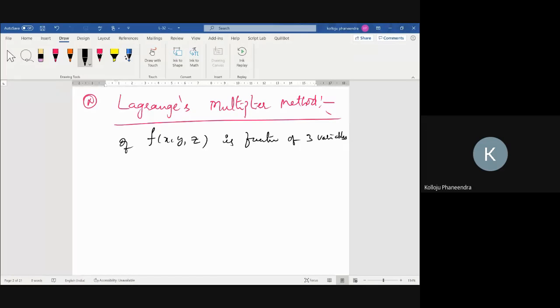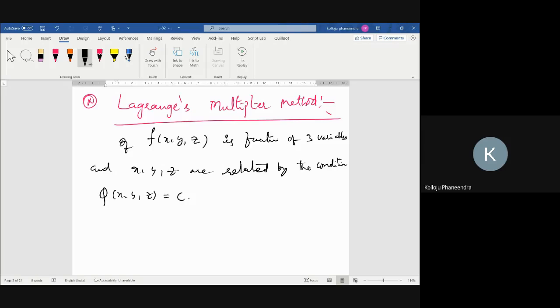That means if f of x, y, z is a function of three variables and x, y, z are related by some condition, whatever, say xyz equal to 8 or xy equal to z square, I am taking that condition as phi of x, y, z equal to c, or 0, whatever it is.